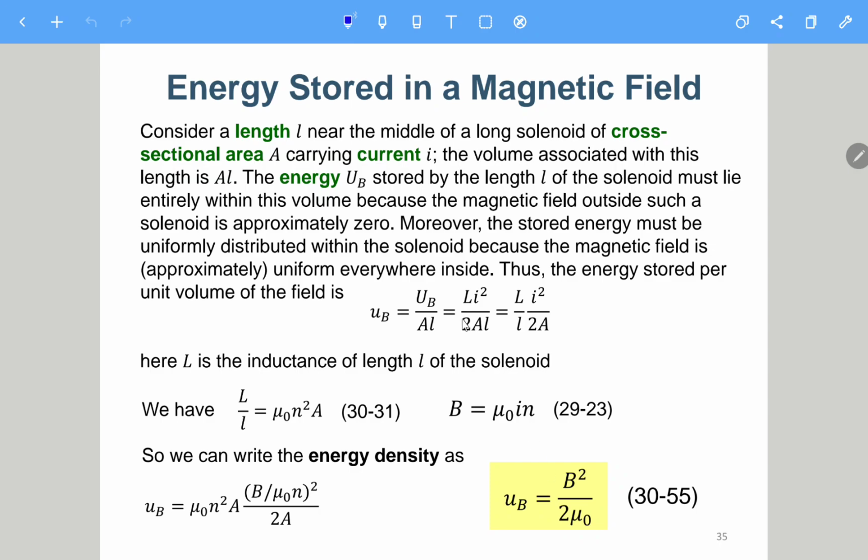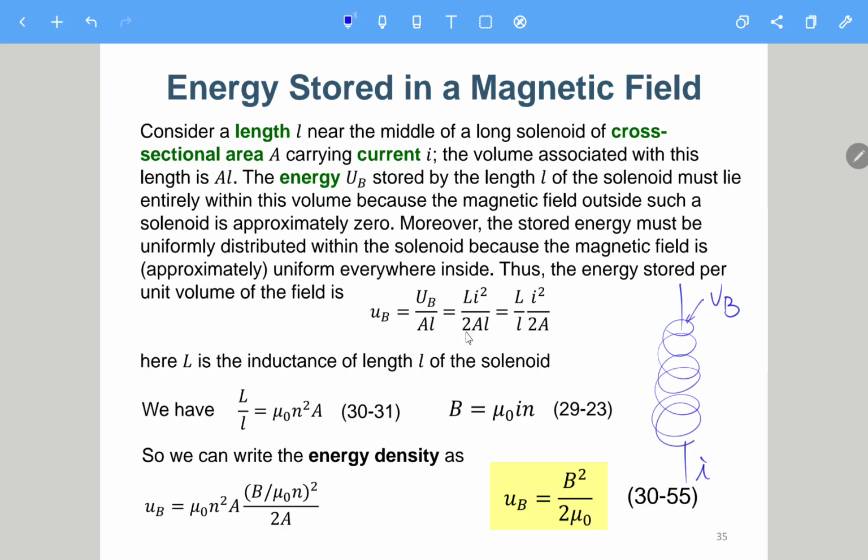Here we try to verify this expression using the solenoid. Assume we have a solenoid here. This is the current, and we have the UB stored in the inductor. The UB should be 1/2 Li squared.